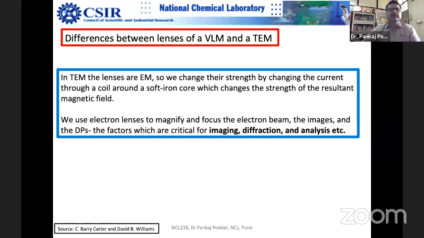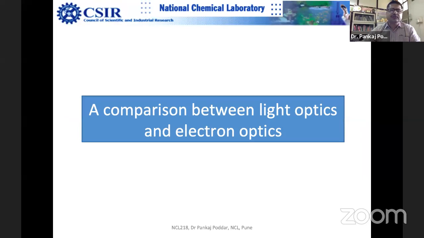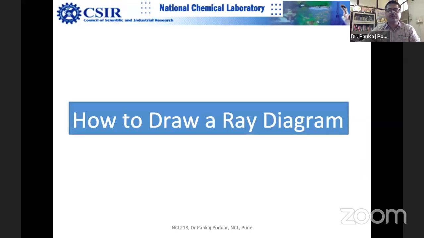So then we discussed about differences between visible light microscope and TEM, uses of aperture, that we can control the beam, select between imaging mode and diffraction pattern mode. After that, we discussed about a comparison between light optics and electron optics.